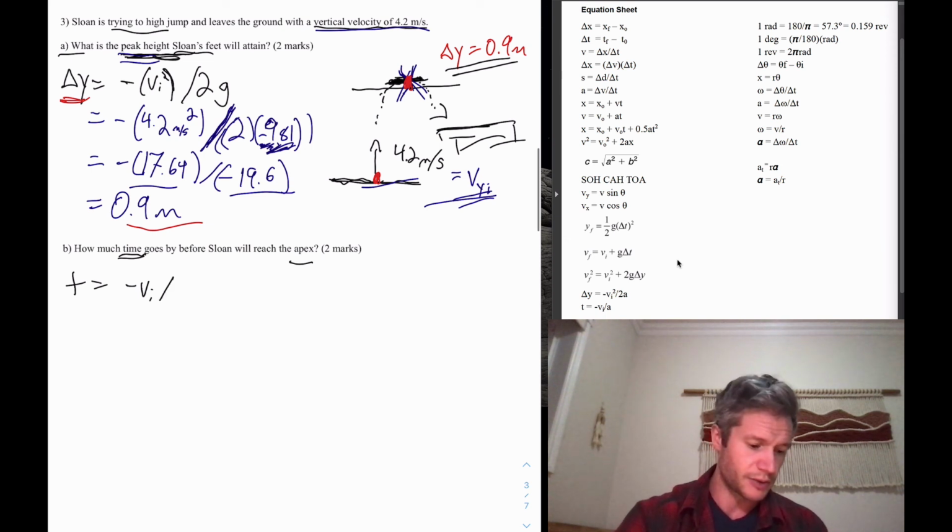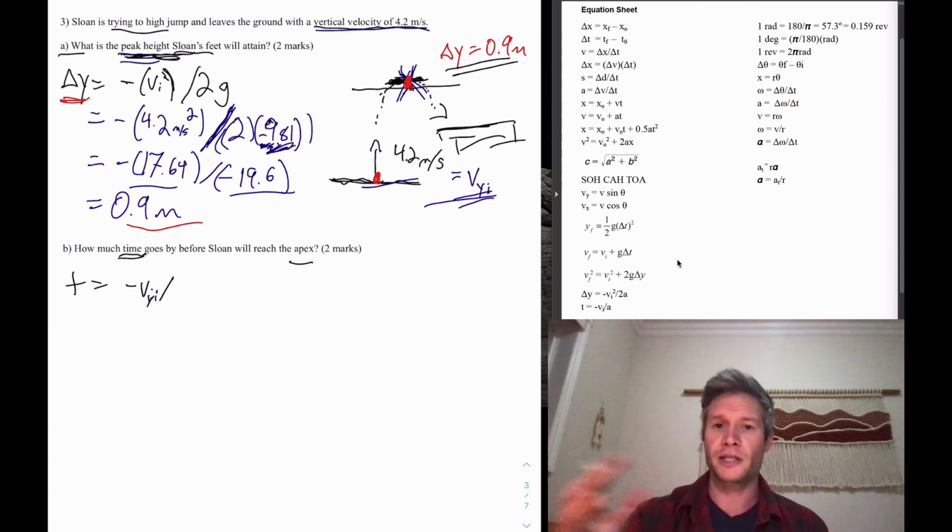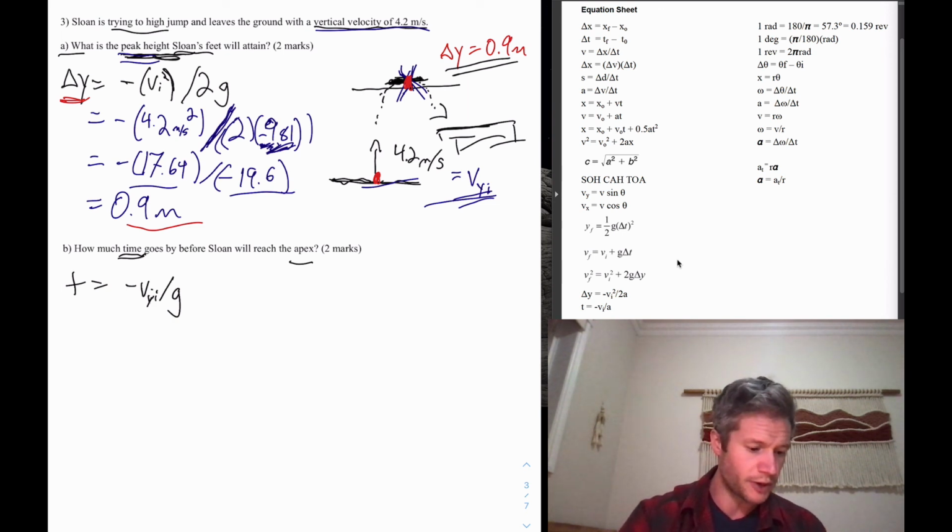I should really, for absolute completeness, do something like that. And that's over top of our acceleration, which again, when we're dealing with projectile movement, something free falling through the air, only one thing acting on it, it's going to be gravity as the acceleration. So we can say g. Okay, great. Let's keep filling in what we know.